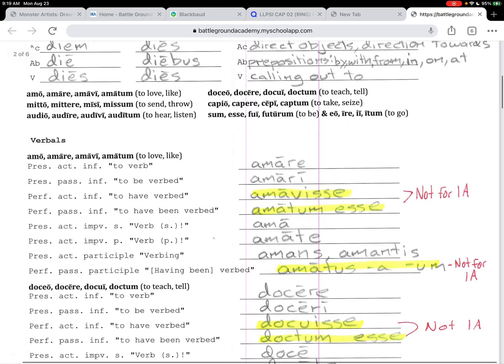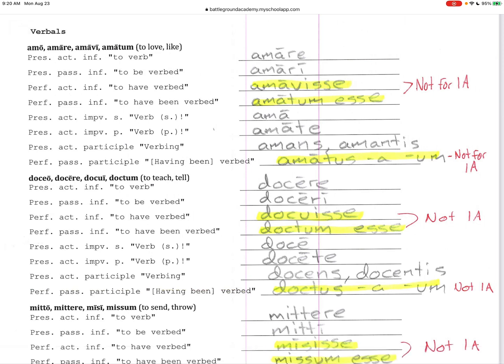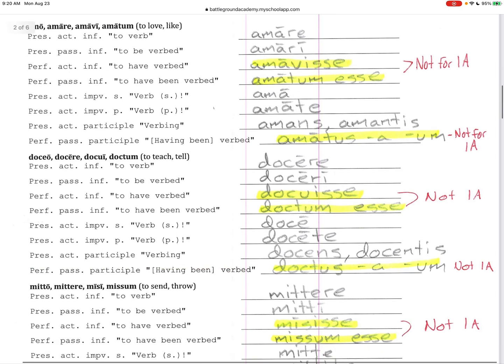All right, now back up to amo, our first example, and we'll move down to the third blank, the perfect active infinitive. Perfect active has or have in it in English. So perfect active infinitive, infinitives in English always start with to. So here, to have loved is what we want to say. Now, I said a minute ago that amavi, the third principal part, is the perfect active, I have loved.